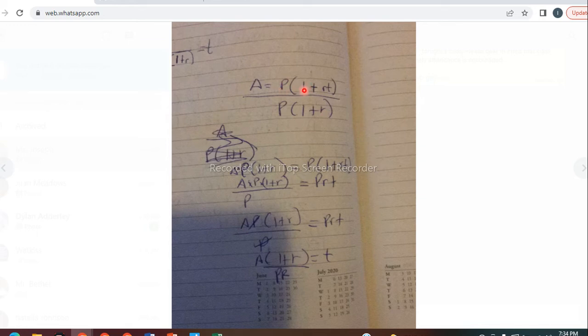The t is connected to the r, so you can't make it invisible and just divide. Yes, the p and the p will cancel, but the 1 plus r is not going to cancel like that, because that's addition and you can't cancel like that. That's the mistake right there.